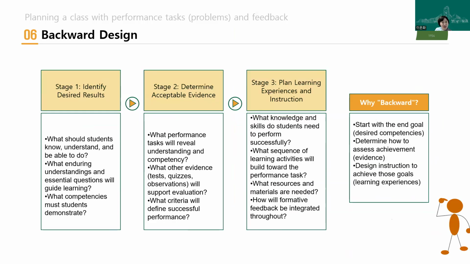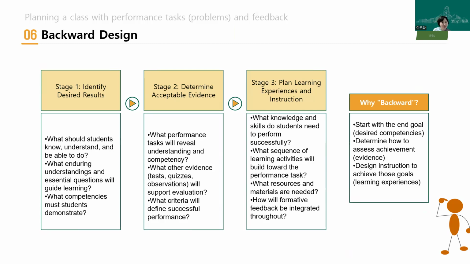Backward design consists of three stages that work in reverse order from traditional planning. Stage 1, identify desired results. What should the student know, understand, and be able to do? Stage 2, determine acceptable evidence. What performance task will reveal understanding and competency?